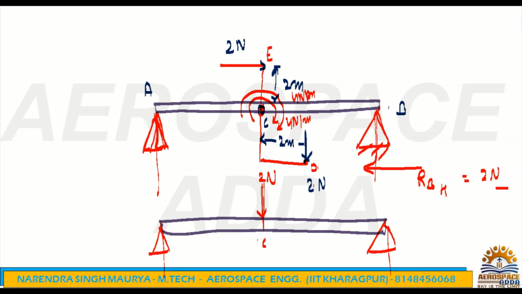So if you see, this 2 Newton will get the vertical load. This other 2 Newton is horizontal, so we cannot show it vertically. It will obviously get a horizontal reaction, equal and opposite. That is the horizontal reaction force. But for the moment, if you check, this force also will give moment 2 into 2, that is 4. So 4 plus 4, it's nothing but 8 Newton meter.